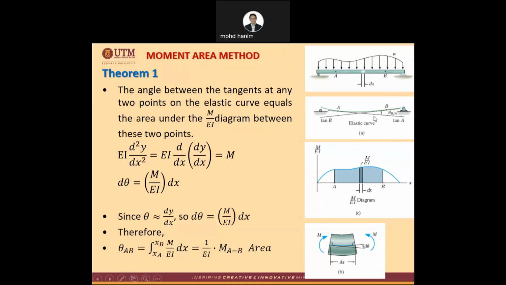Here, this is the slope. This is dy over dx. Therefore, d theta, the slope, is equal to M over EI dx. You bring EI here, and then we have d theta equal to M over EI dx.